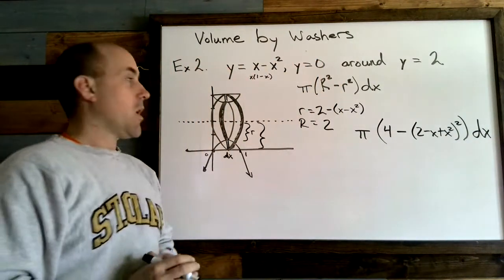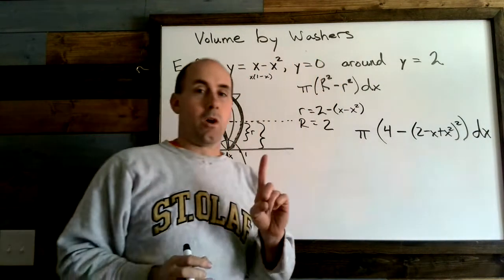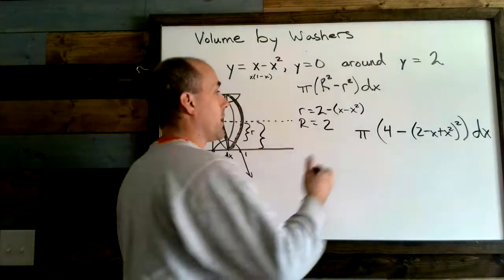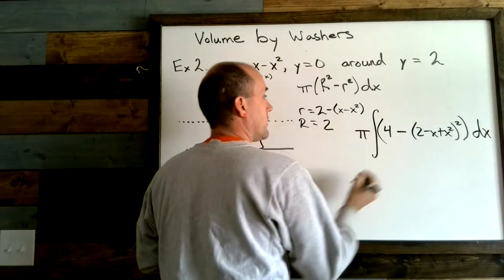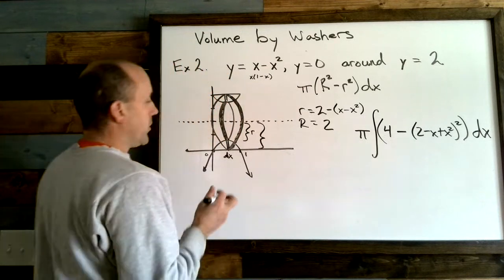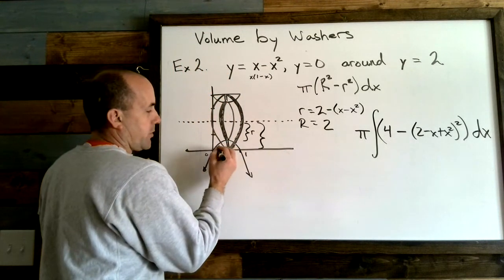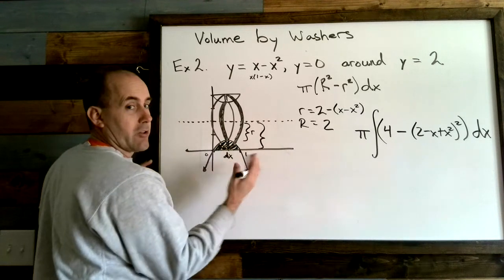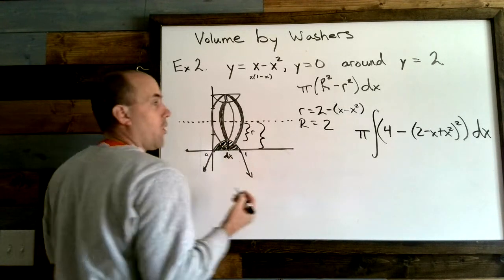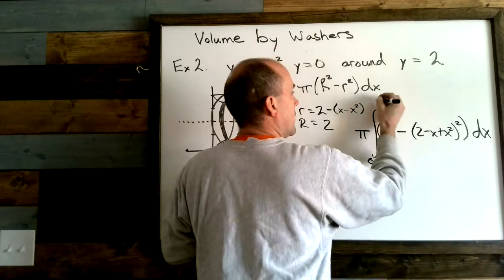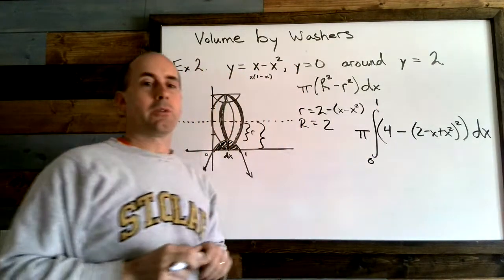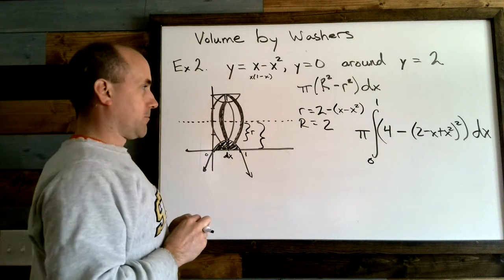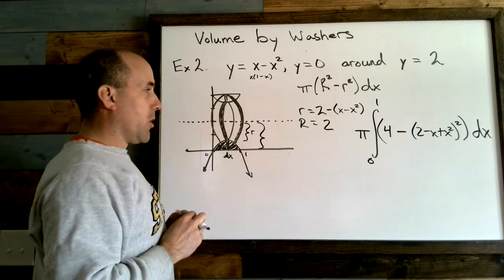And we don't want just 1 washer, we want an infinite number, so we slap on that integral. We look at our original area, which was down here, and we are looking for x values for that original area, so we're going from 0 to 1. 0 to 1, okay? All right, let's multiply that out.